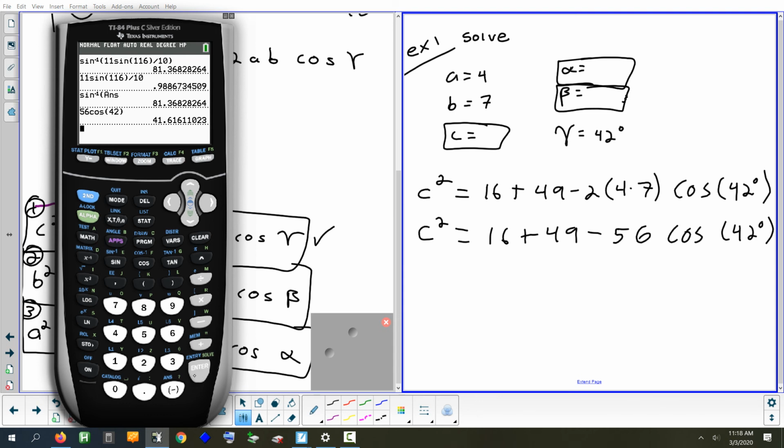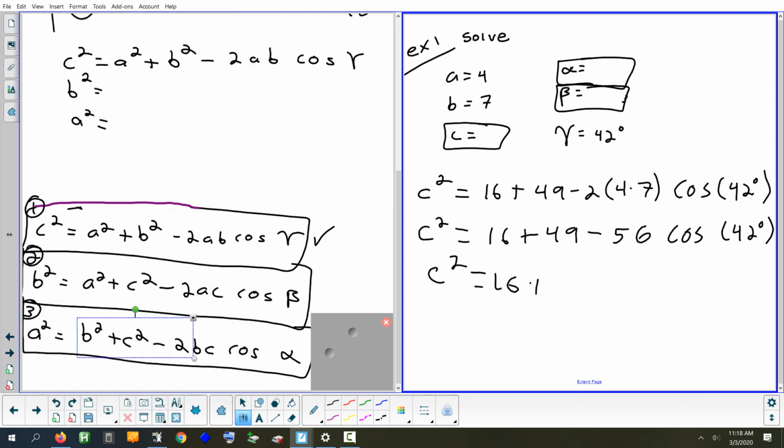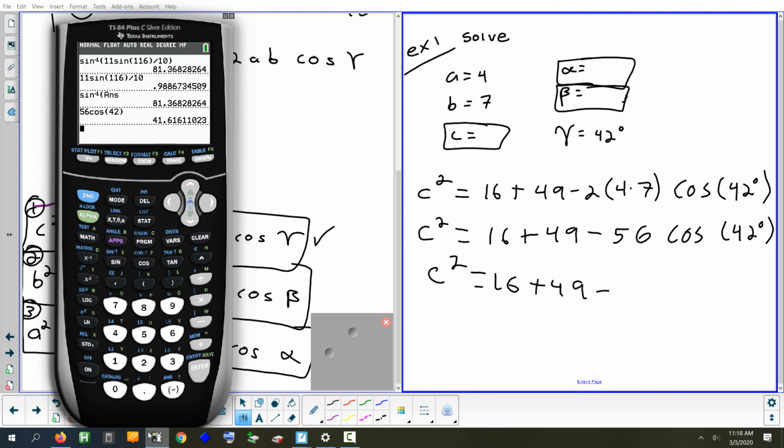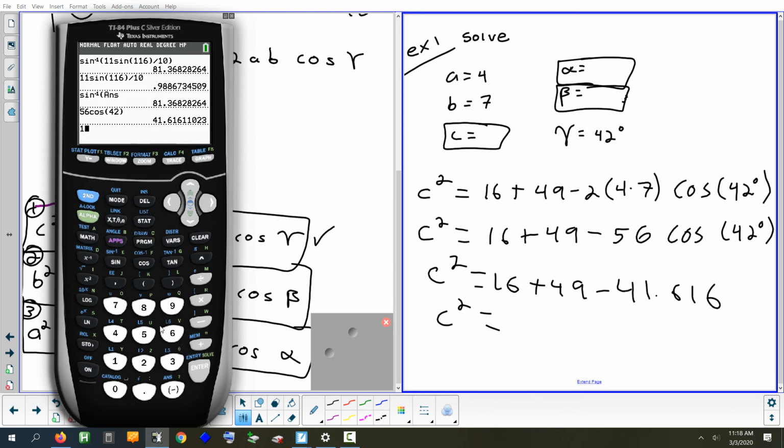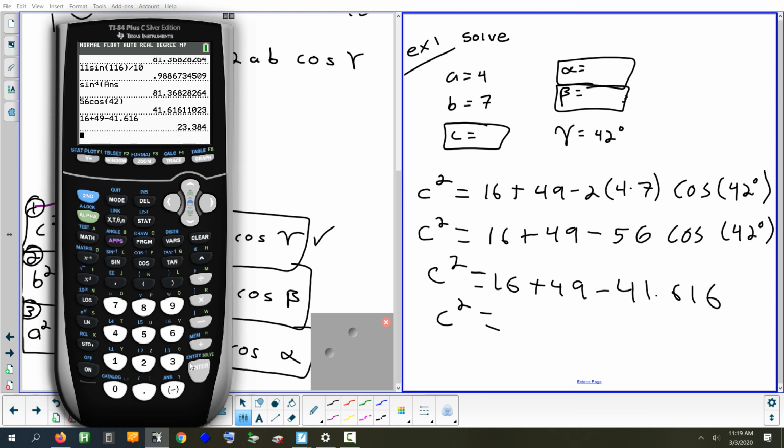And that's going to give me, make sure I'm in degrees, 41.616. All right, now let's just do all that out. So 16 plus 49 minus 41.616, and we're hoping for a positive number because if it comes out negative, then you can't take the square root of a negative, so you did something wrong.